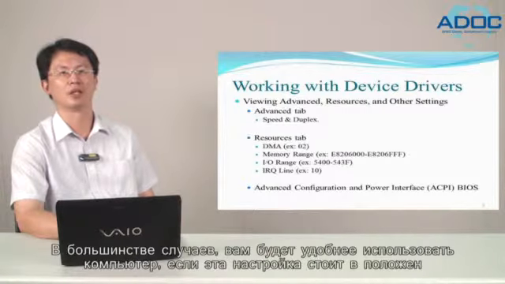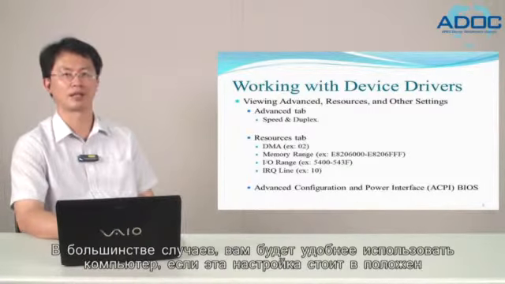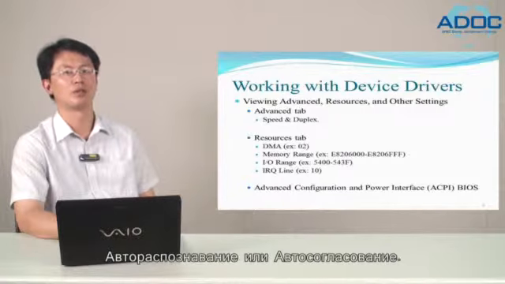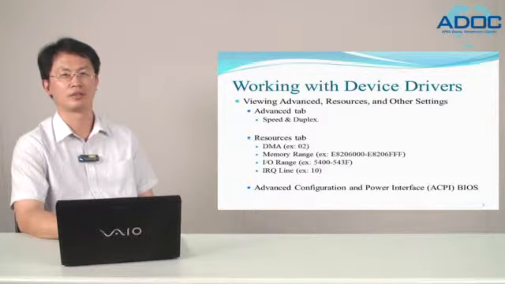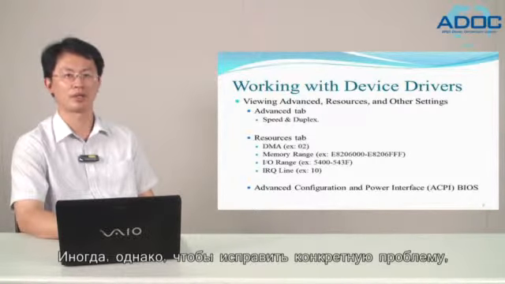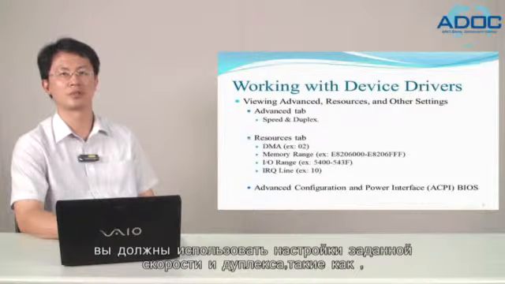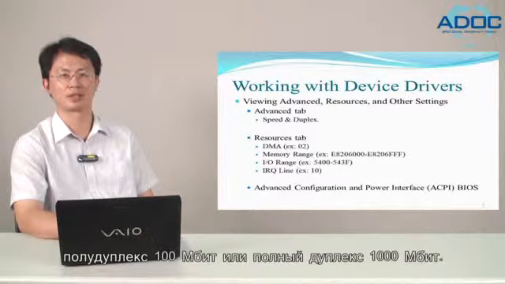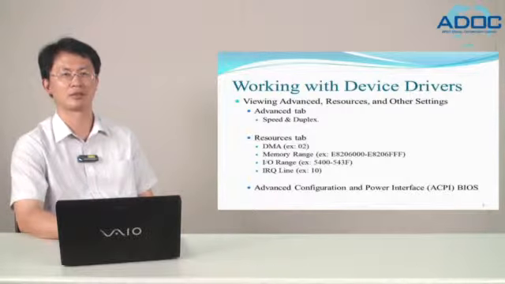Most of the time, you will want this set to auto detect or auto negotiation. Sometimes, however, to correct a specific problem, you must use a preset speed and duplex setting, such as 100 megabit per second half duplex or 1000 megabit per second full duplex.